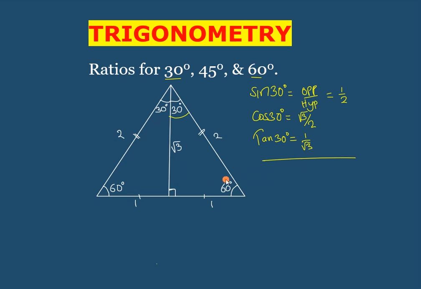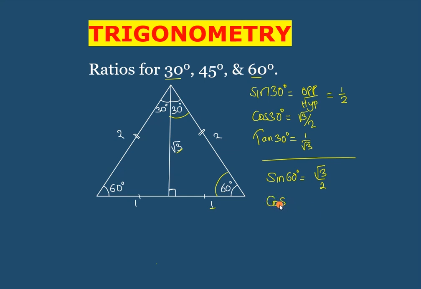We can come to the 60s now, the ratios of 60, that angle. So we have that the sine of 60 degrees is equal to root 3 divided by 2. The opposite is root 3, hypotenuse is 2.